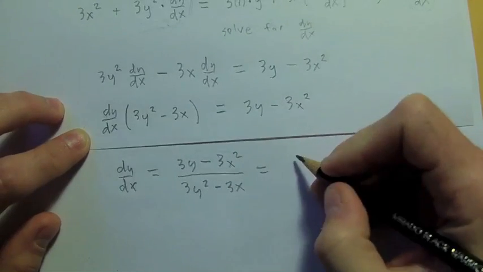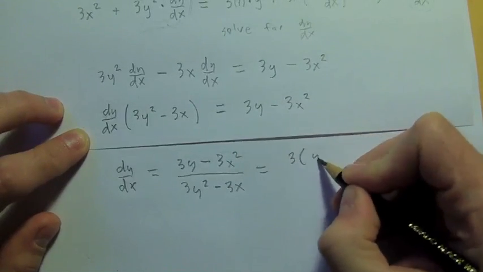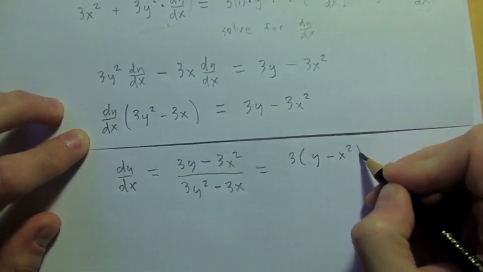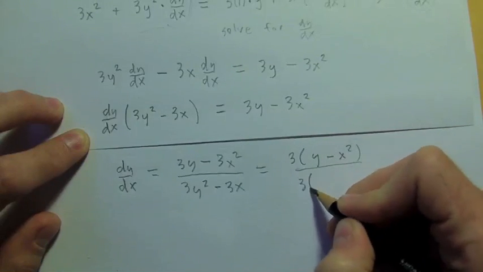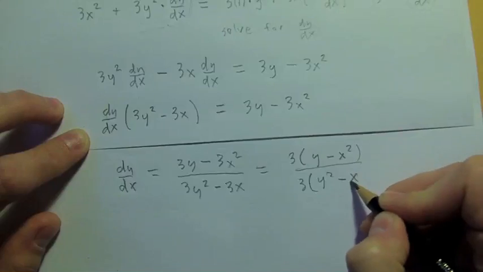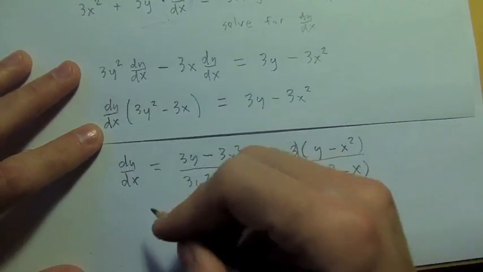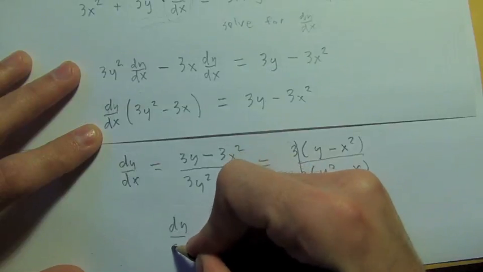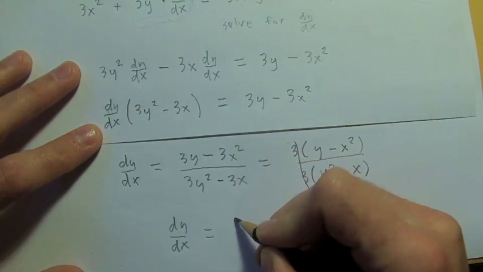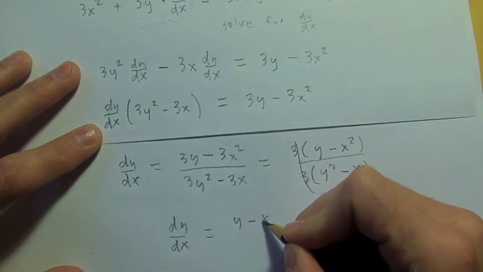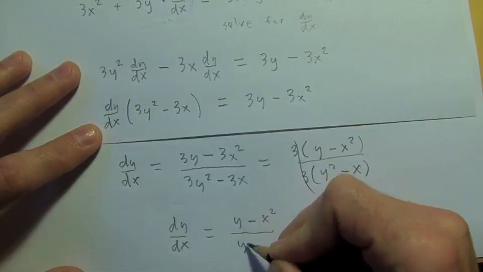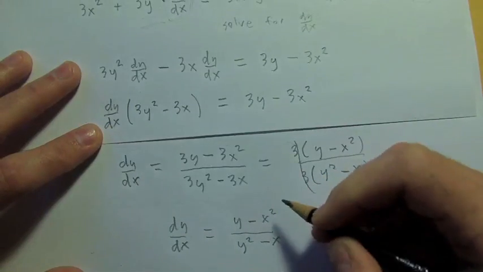And here we can factor that 3 and get a y minus x squared over 3 times y squared minus x. Okay. And those 3's will cancel, so we get that dy over dx is equal to y minus x squared over y squared minus x. And there we go.